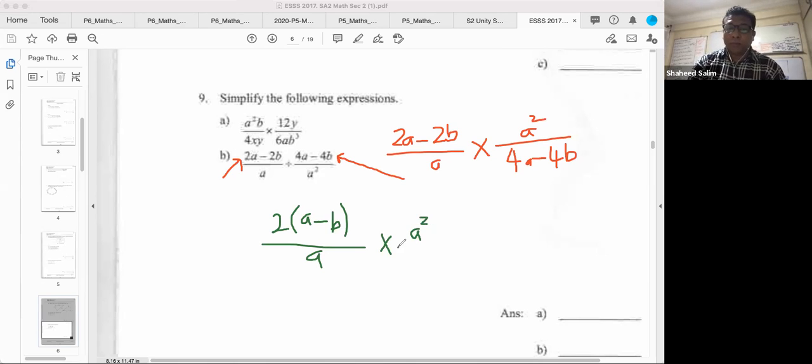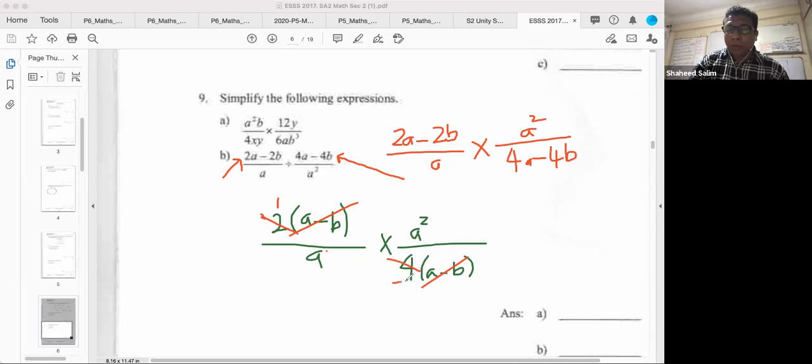Okay, now next one lah. 4, you can take out 4. A minus B. Can you see not? Down here now, I can cancel already. Look carefully. I factorize it like that. A minus B can cancel lah, finish. Now, down here, divide by 2. I get 1.